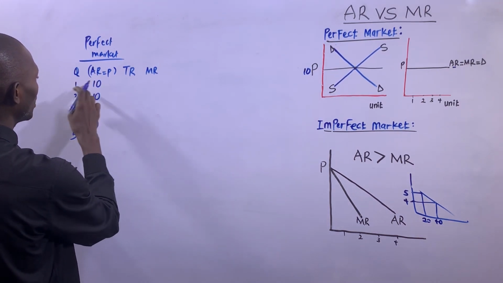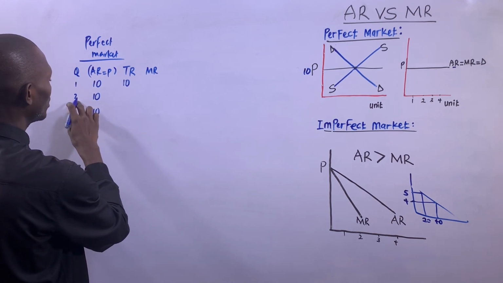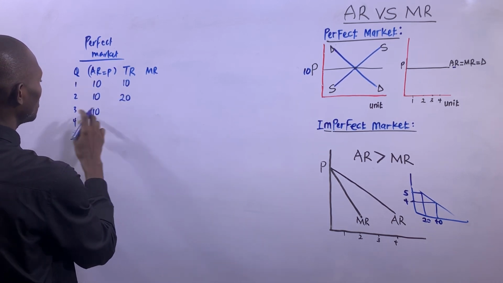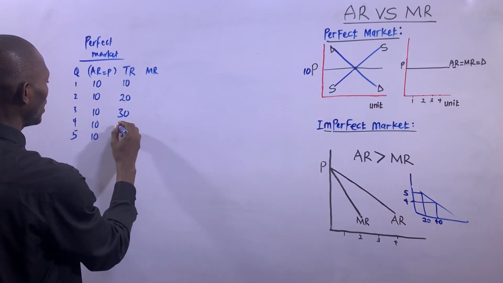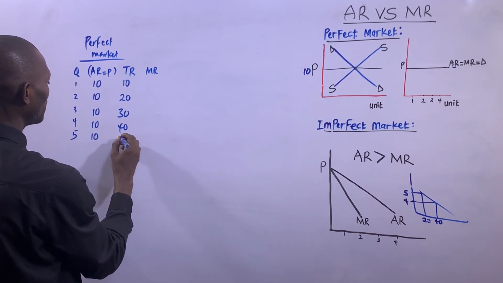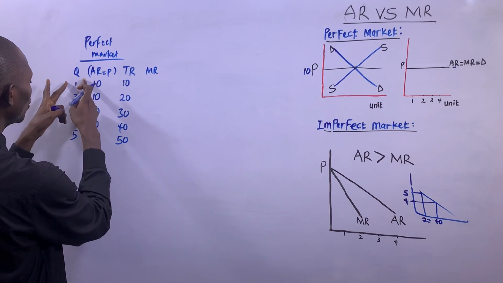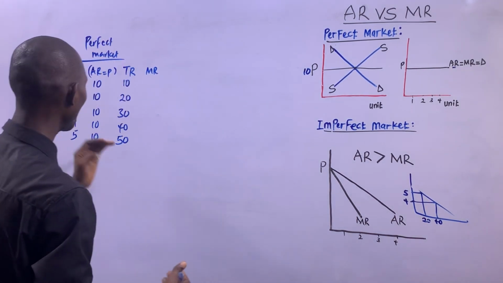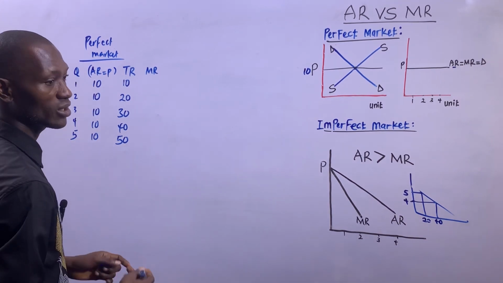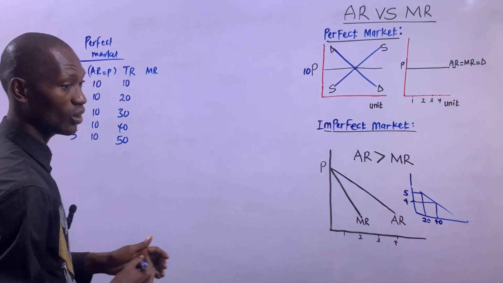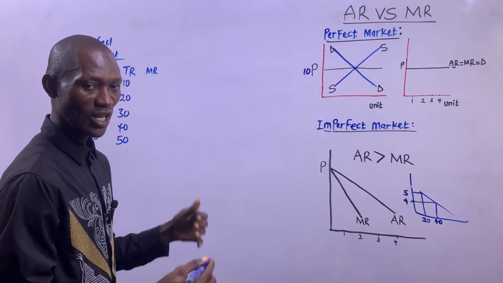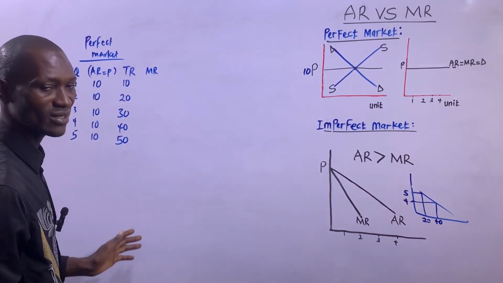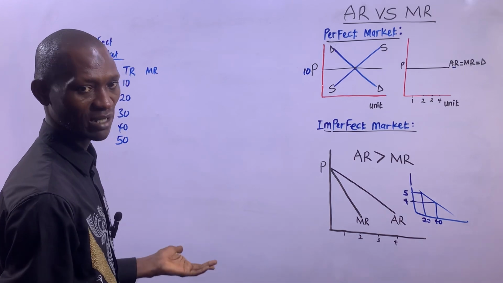So here our total revenue is 10. 10 times 2 is 20, 10 times 3 is 30, 10 times 4 is 40, 10 times 5 is 50. So the more you produce, the more your total revenue will increase. Even if you want to sell 1 million units, you have to sell at the price dictated by the industry. So no discounts whatsoever in a perfect market.